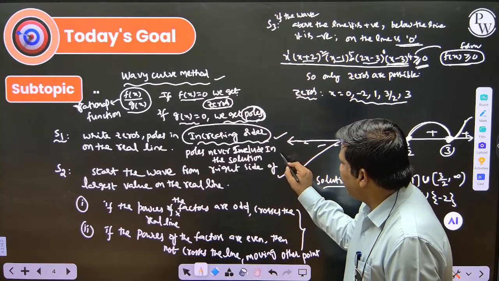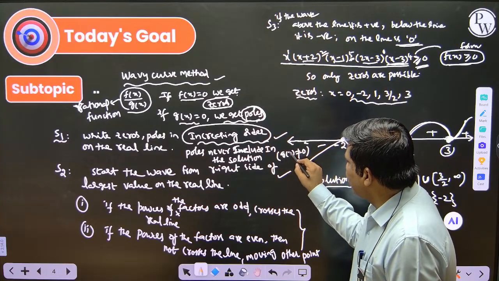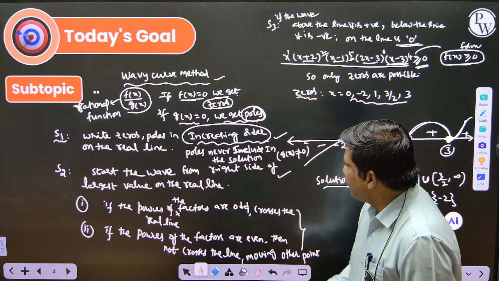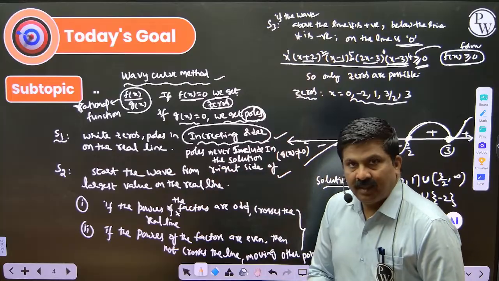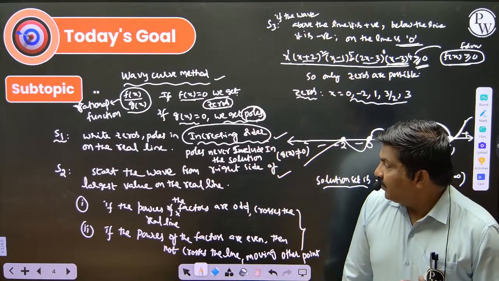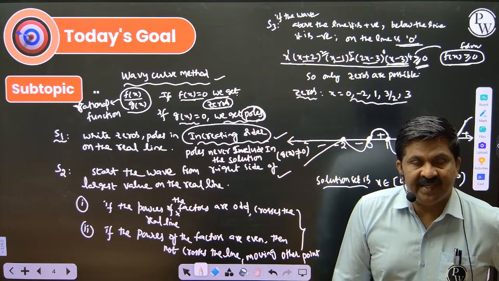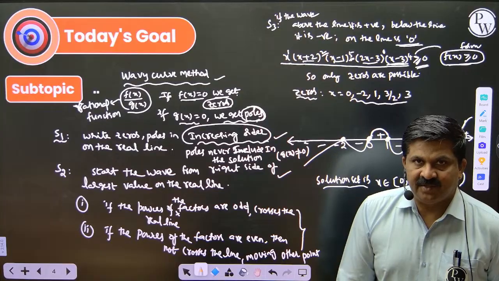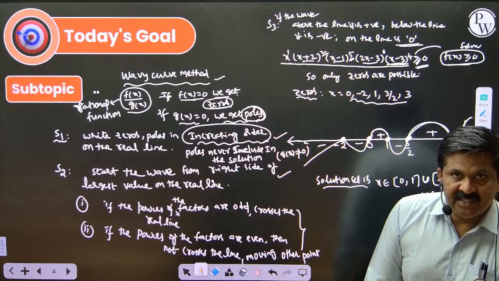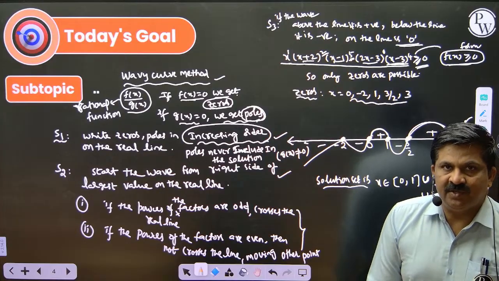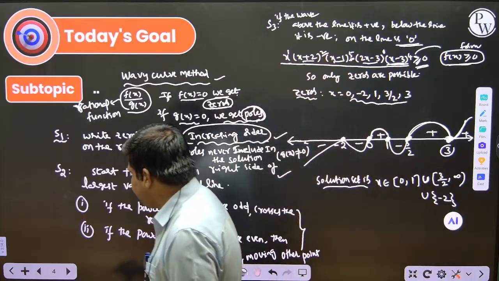Why? Because g of x is always not equal to 0. We get the poles by equating g of x to 0, but actually the rational function is defined when g of x is not equal to 0. That is why poles are never included in our solution.